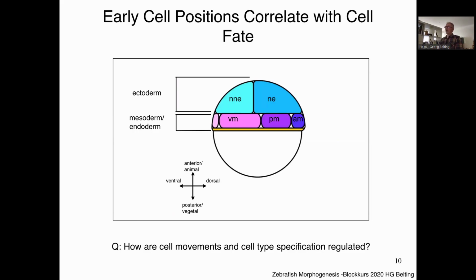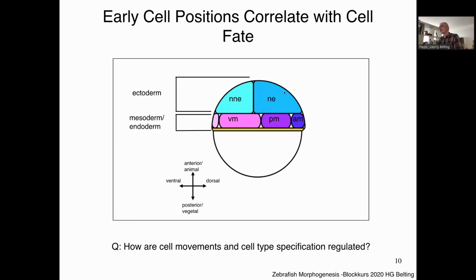And also the early cell positions, and thereby the movements, explain this fate map, because the cells here next to the yolk at the margin are the first cells that involute. These are the cells that are involuting, so they will become mesoderm. And the cells on top will become ectoderm.